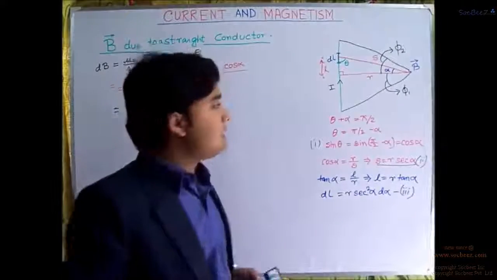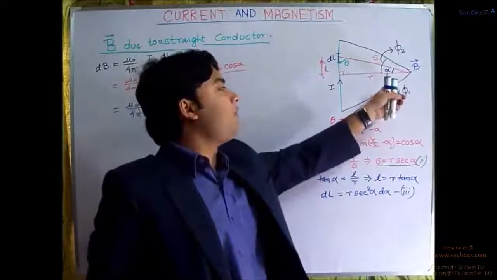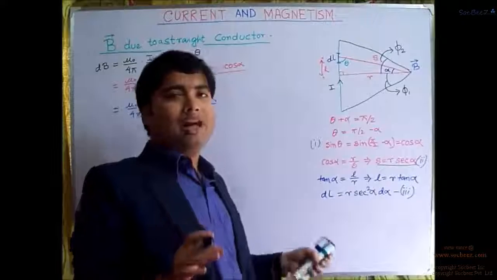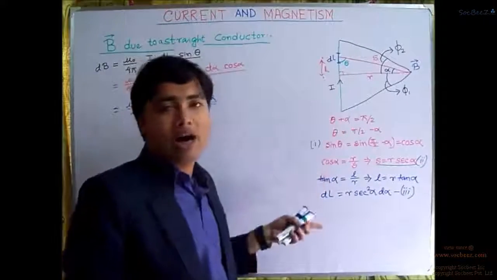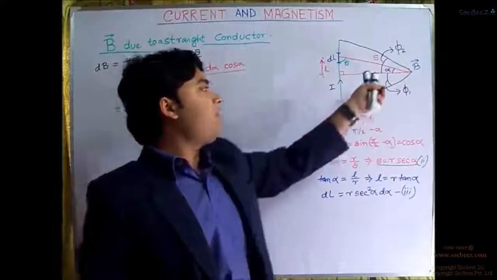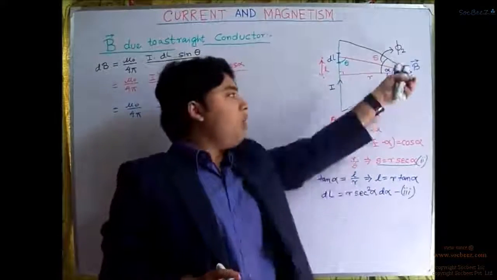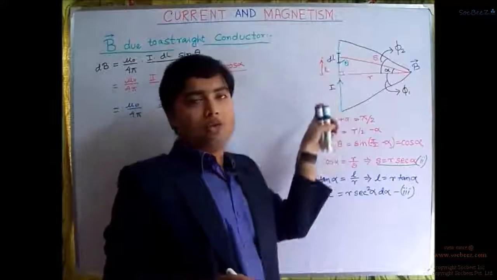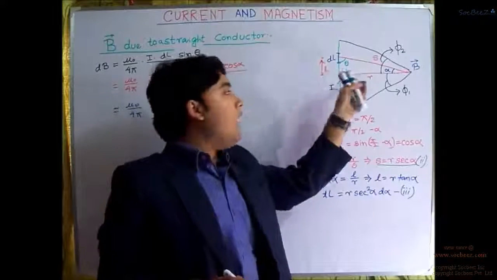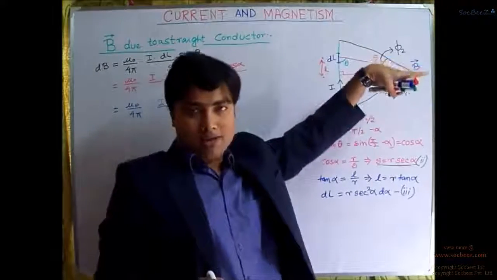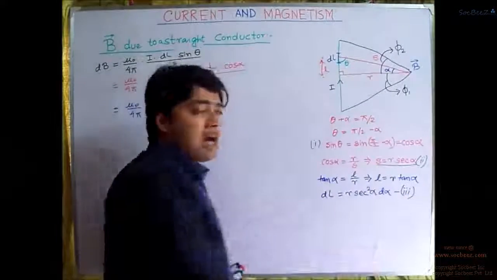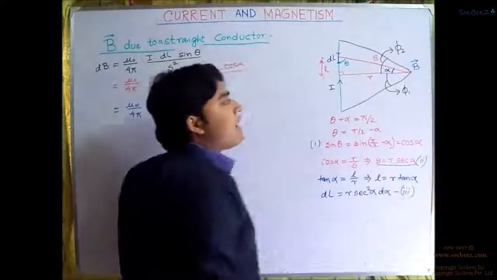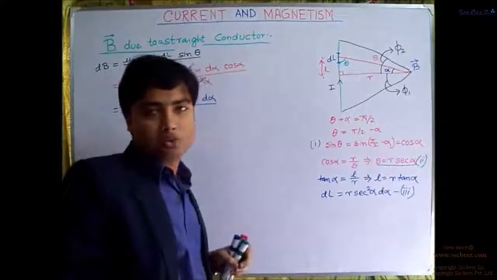So now we can see that taking phi 1 plus phi 2 means that from this point we are covering the entire wire. But this phi 1 is on the lower side of the perpendicular drawn on this straight wire, and this phi 2 is on the upper side. Okay, so the lower boundary we could say is minus phi 1 and the upper boundary is plus phi 2.